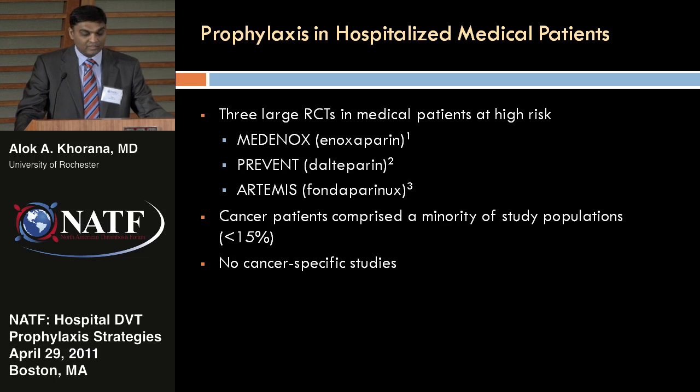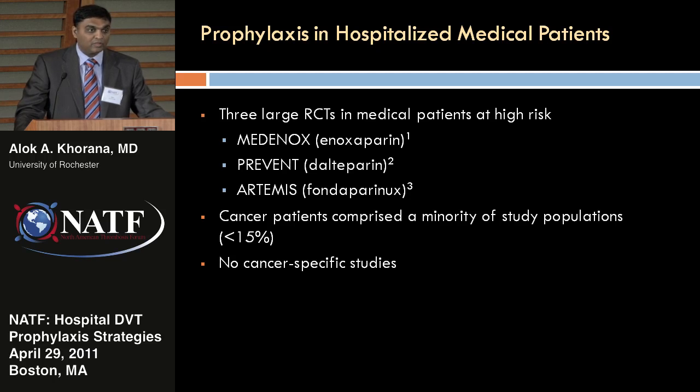You're very familiar with these studies: Medinox, which used enoxaparin; Prevent, which used dalteparin; and Artemis, which used fondaparinux. The unfortunate problem is that cancer patients comprised only a minority of these different study populations. The cancer patients comprise between 5 and 15% in each of these studies. And there have been no cancer-specific studies.